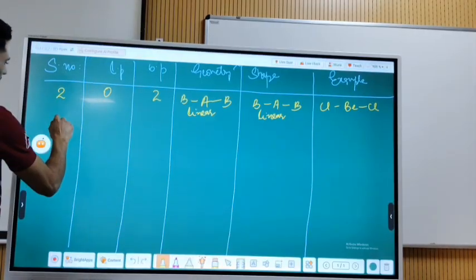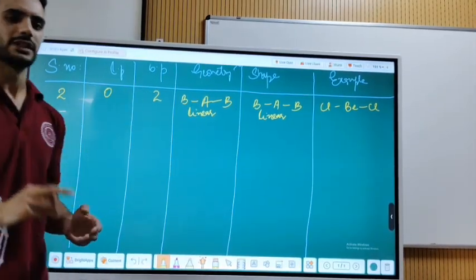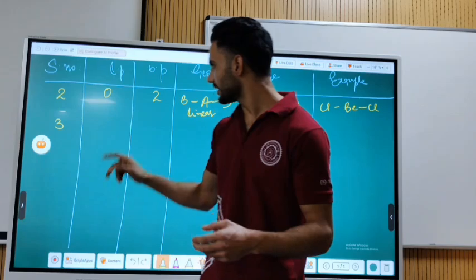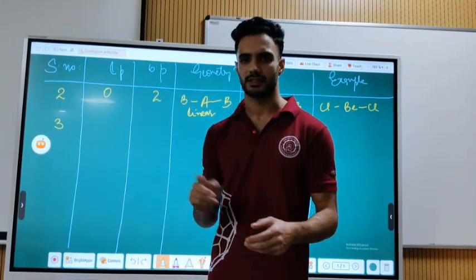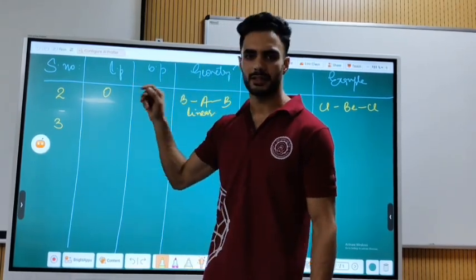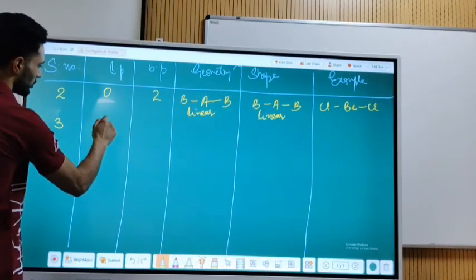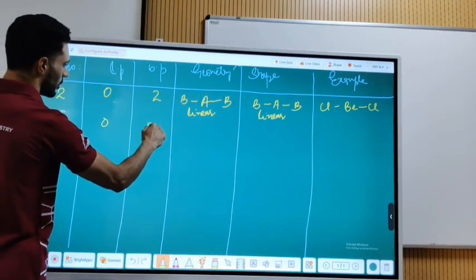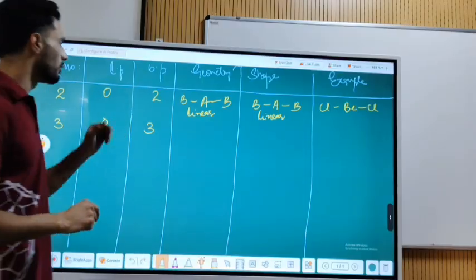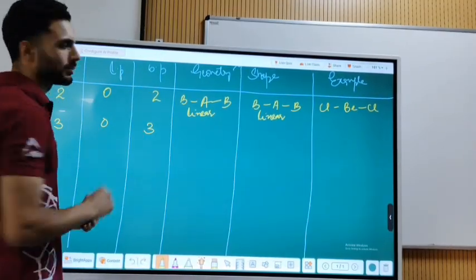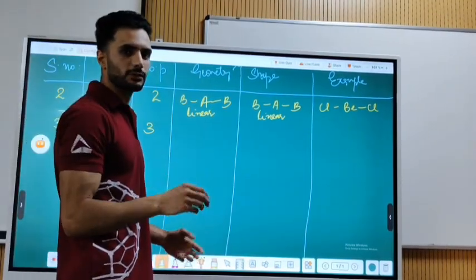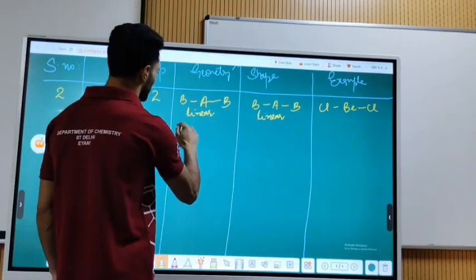Now let's take steric number 3. There are two possibilities for steric number 3. Either there are 3 bond pairs and 0 lone pairs, or there is 1 lone pair and 2 bond pairs. First let's take when 0 lone pairs and 3 bond pairs are present. So the geometry is trigonal planar.